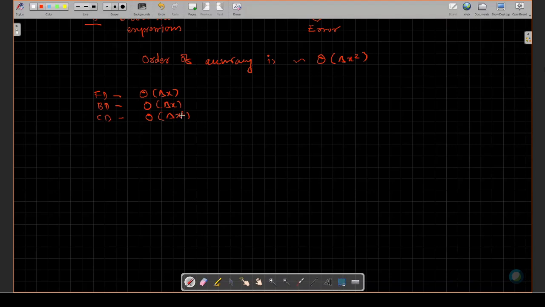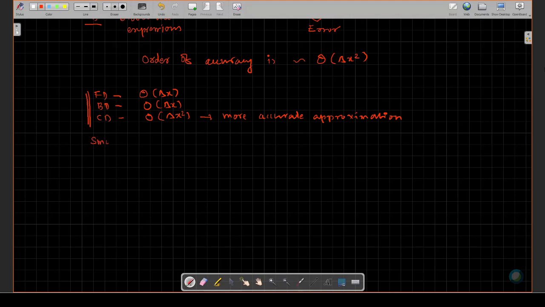So the higher the power in delta x square order, you will say that this is a more accurate scheme, a more accurate approximation of a derivative.